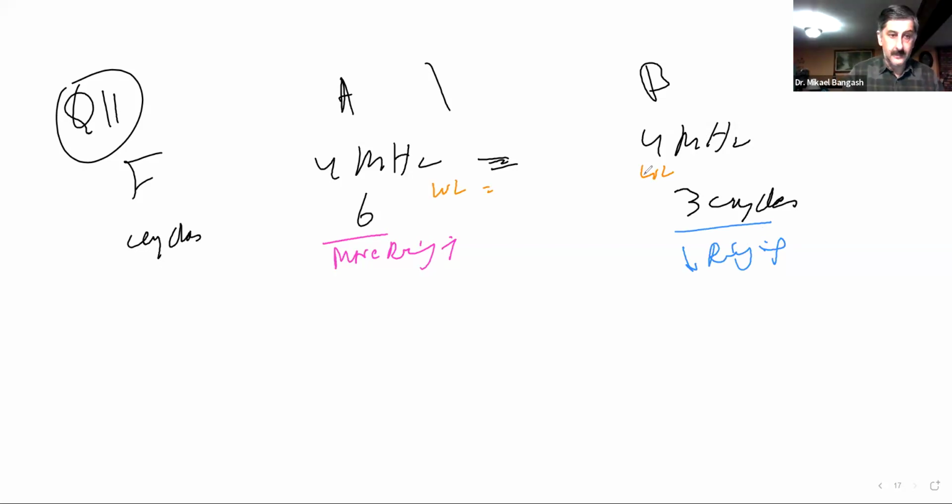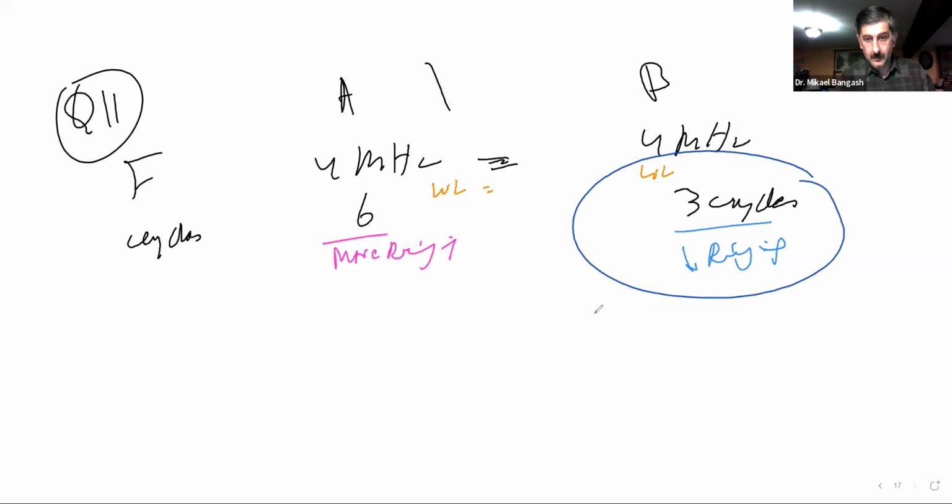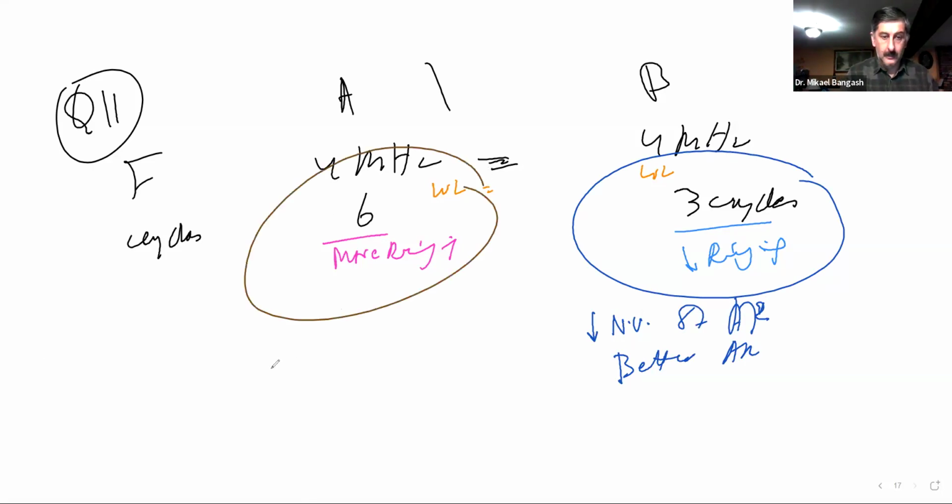So this transducer here will have the lowest numerical value of axial resolution, and due to that will produce a better axial resolution. In contrast, this one here will have a greater numerical value of the axial resolution, and due to that, a poor axial resolution.